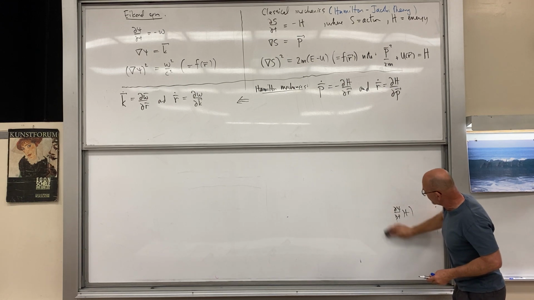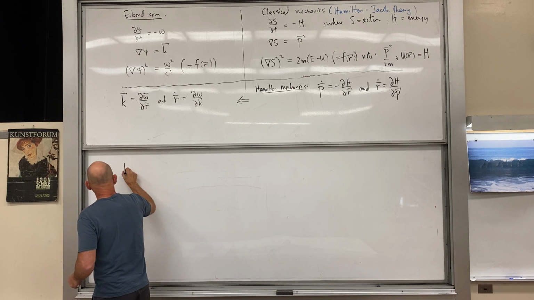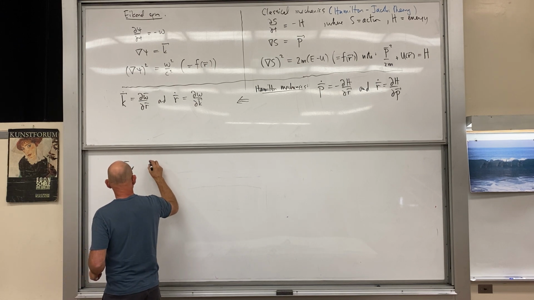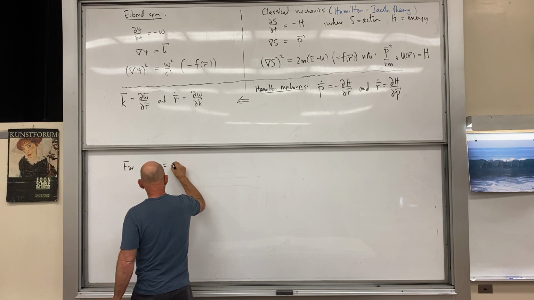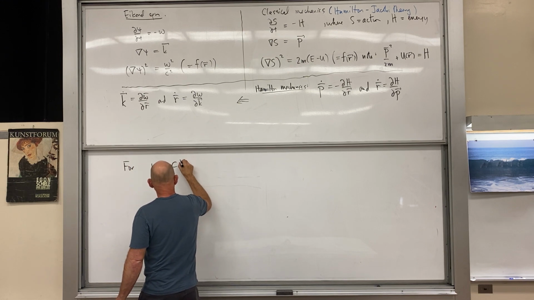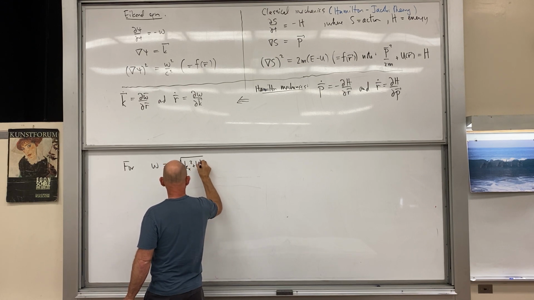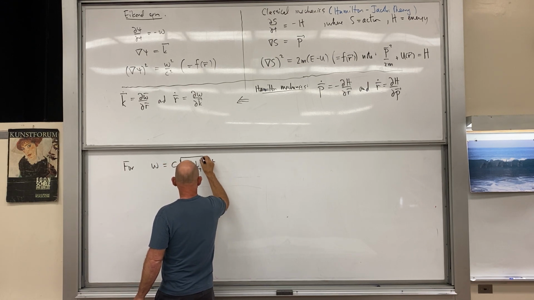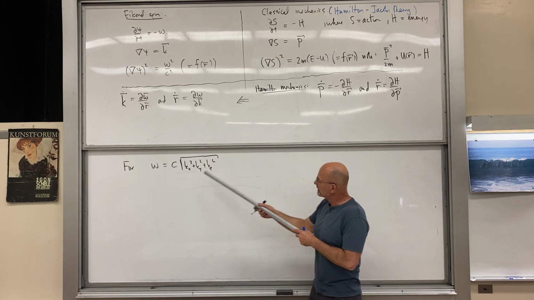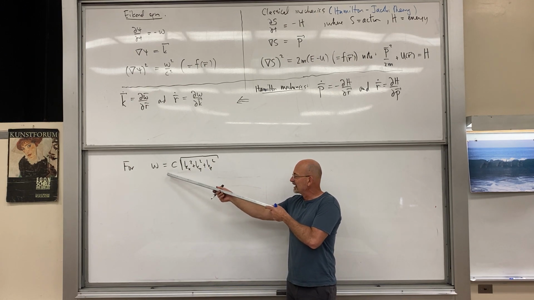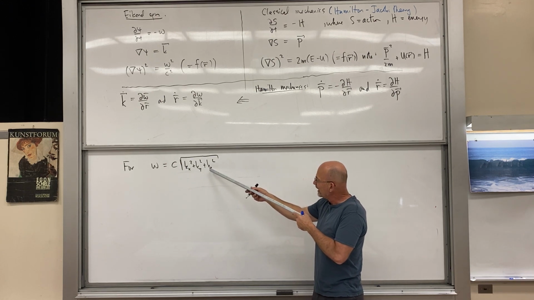But I will do this group velocity for omega equals c root kx squared plus ky squared plus kz squared. So that's our original constant speed, constant omega, but this is omega of k.